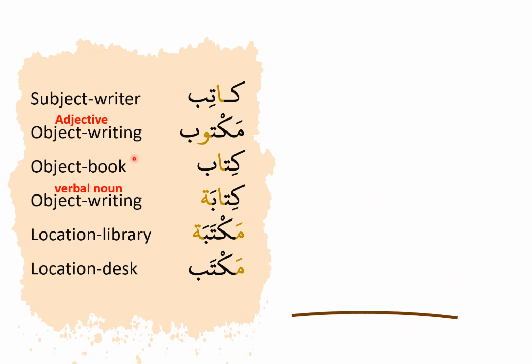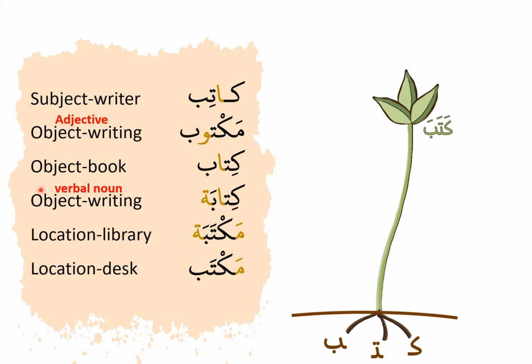So if we agree that the root of these nouns are the 3 letters kaf, ta, and ba, then the root verb extracted from it is كتب here, and it's the base for these nouns. So if we were to take these certain nouns and build from them, it would become katib and maktub, two different nouns.